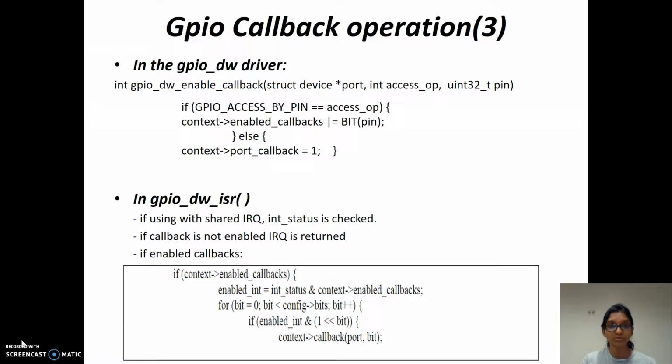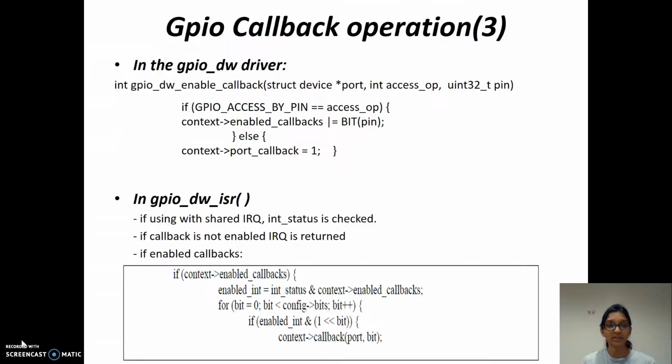Whereas in the GPIO DW driver, the enable callback function checks if the pins are being accessed or the entire port is being accessed. In that case, the callback is enabled for the particular bit by setting the bit mask, or the callback is enabled for the entire port.